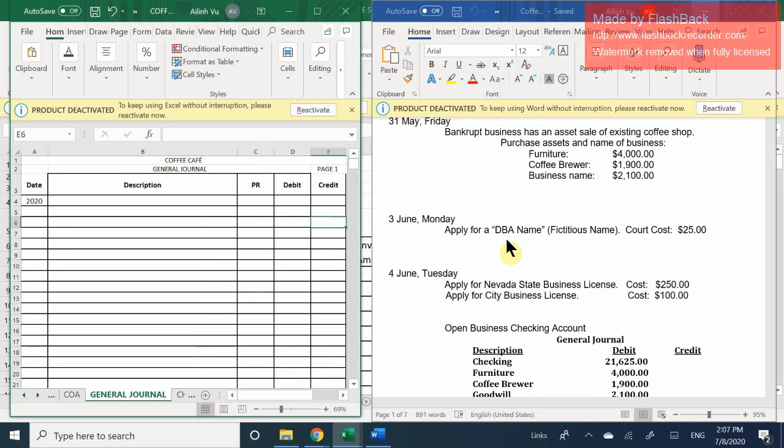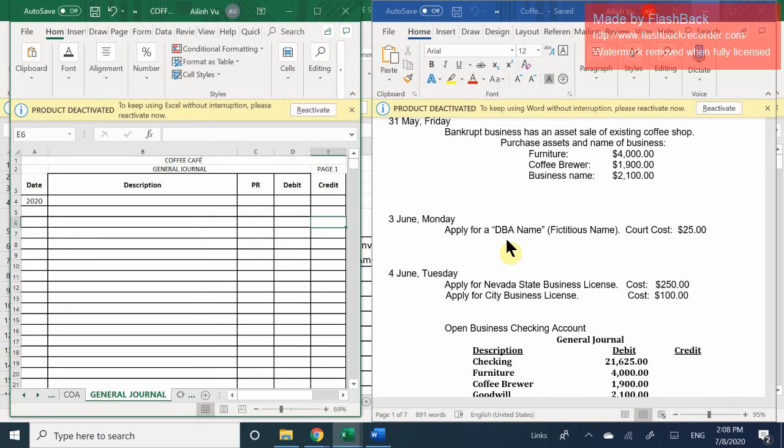Now we get money? Well, not yet. The first thing we did was wake up at 8 a.m. and apply for the Nevada and the city business license. Let's just say we did this online. They charged me $250 for the Nevada license, and then they charged me $100 for the city.